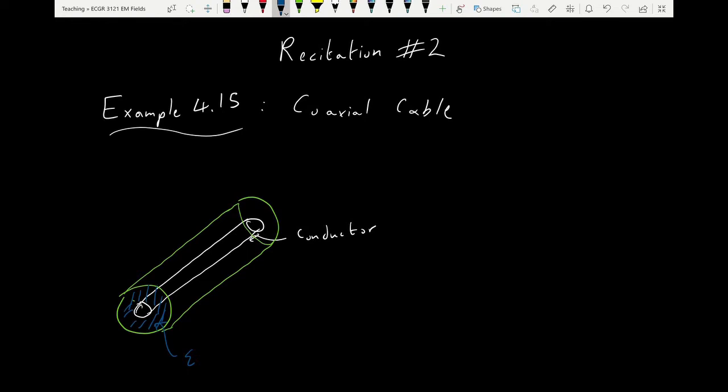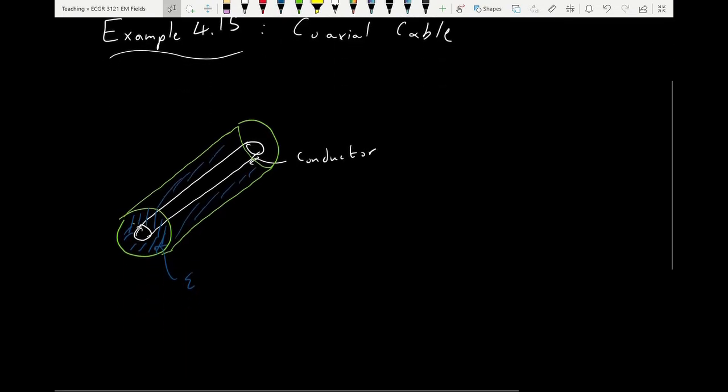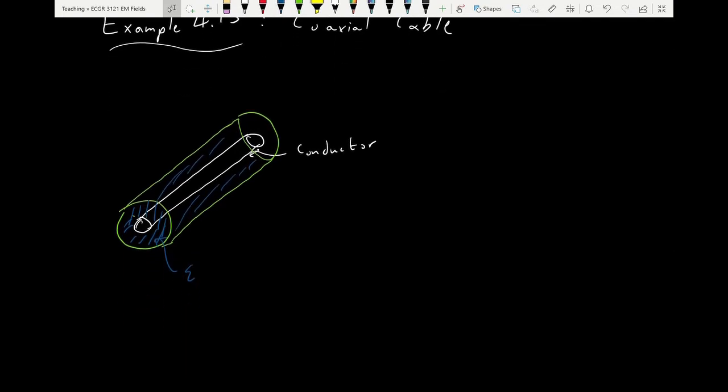All right. And the question is as following: assume. So let me do a cross section. So I'm going to take a cross section of the coaxial cable, and it's going to look like this.